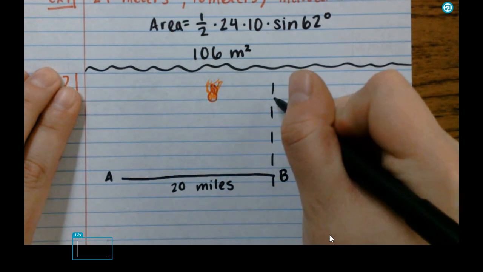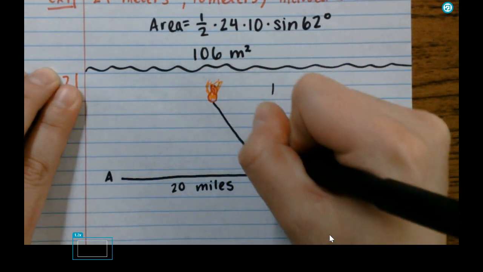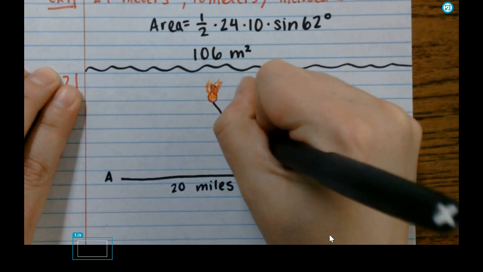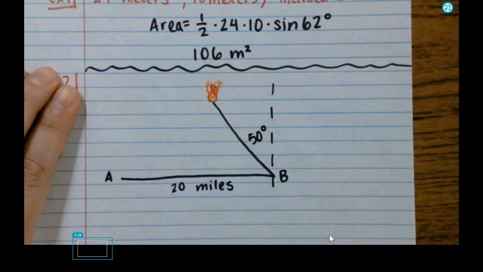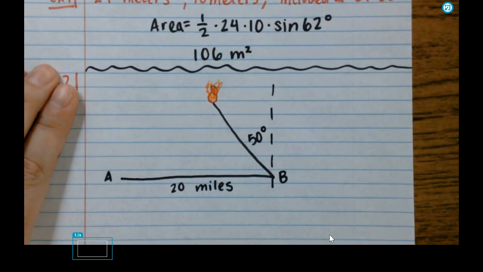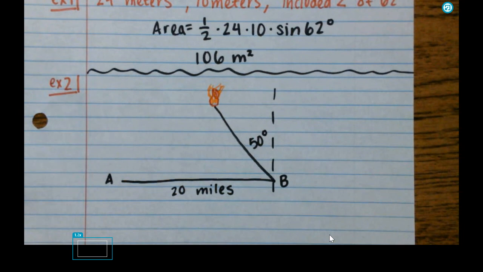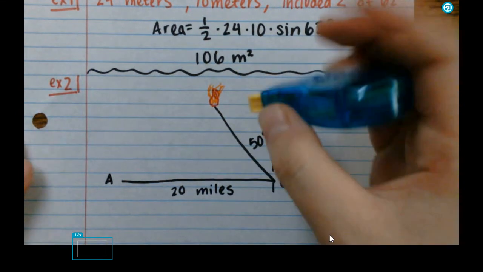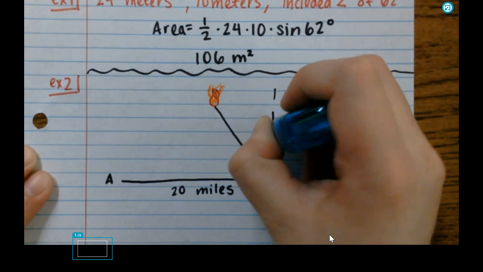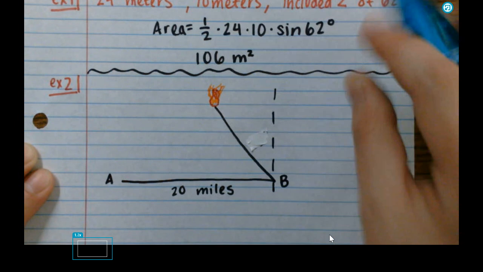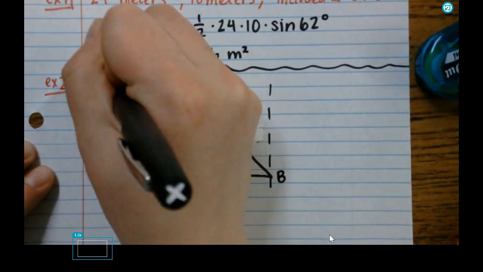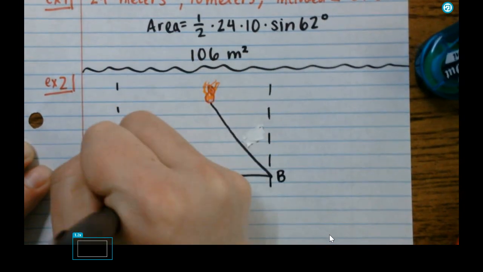So this angle right here is 50 degrees. Just kidding, I skipped a line, guys. That's not 50 degrees. The bearing from that one, this one, I was like, that's not east. This one is north 50 degrees east.